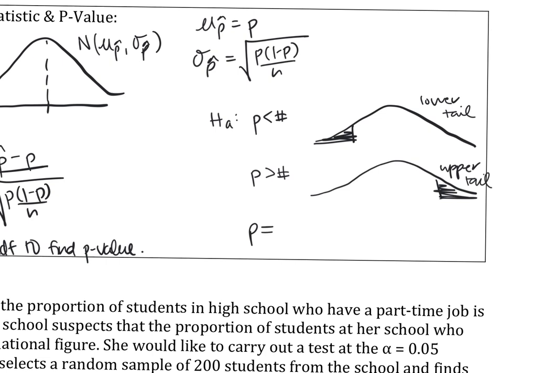If you're looking at p not equaling a number, which we're going to save for later, you're looking at a two-tailed test where we have some probabilities split between the two tails, so we would need to multiply by 2. But we'll just keep that on the table for now, and we'll bring that up a little bit later. So based on what your alternate is, you can decide which direction you should use normal CDF. For less than, we're looking for more extreme values in the negative direction, and for greater than, we're looking for more extreme values in the positive direction.